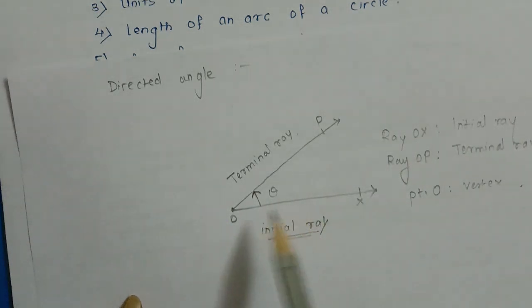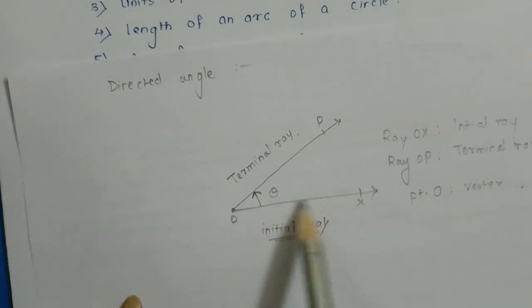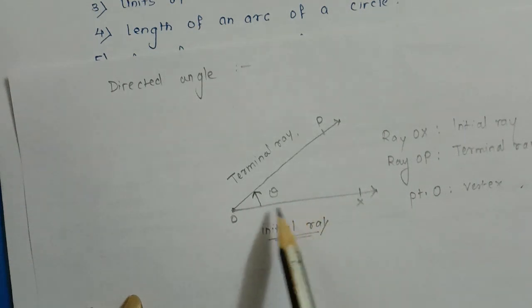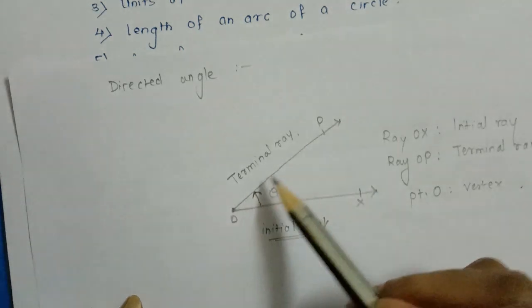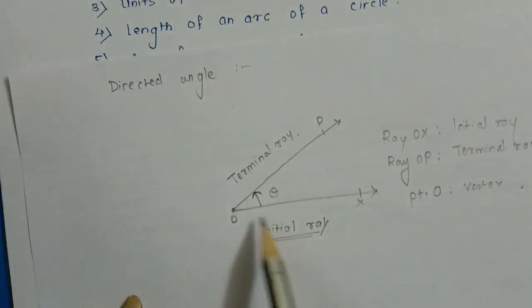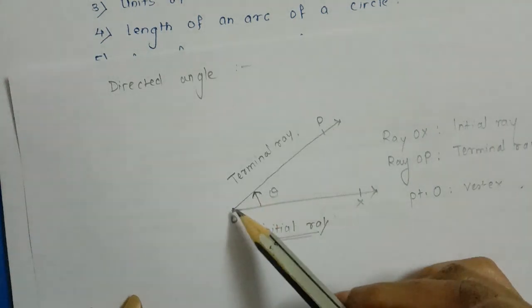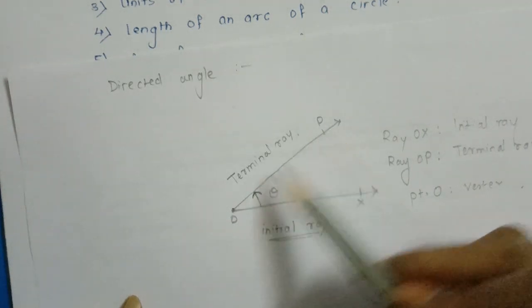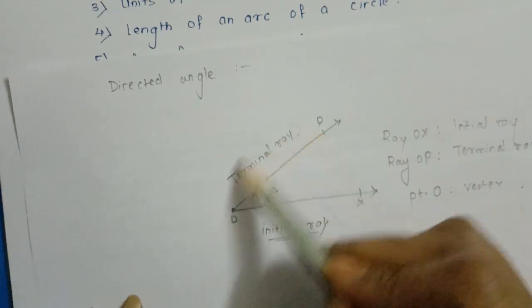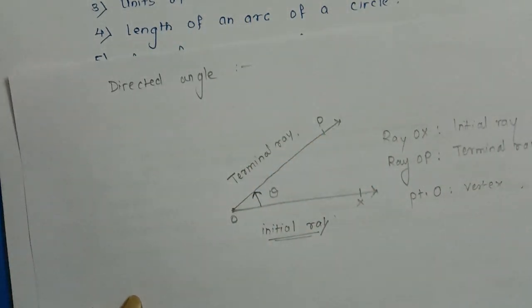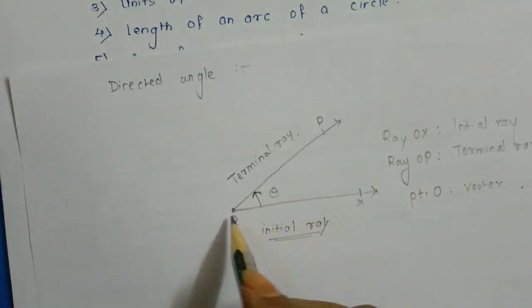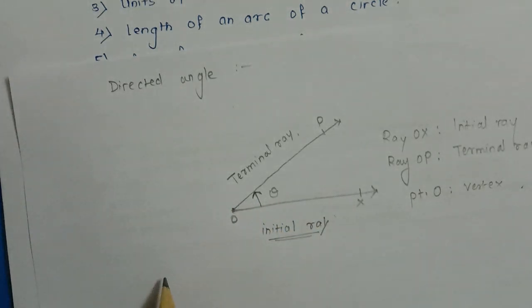So one more time I'm explaining this part. OX is the initial ray which rotates about O and takes the final position at OP. So ray OP is known as the terminal ray. This rotation of ray OX describes the directed angle.